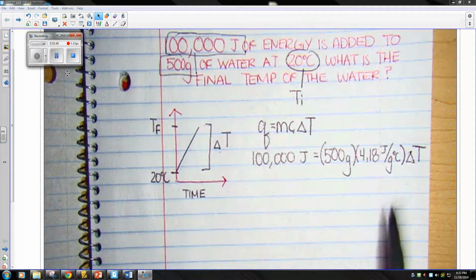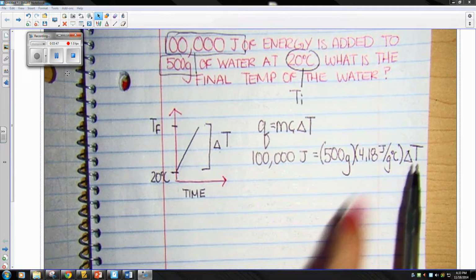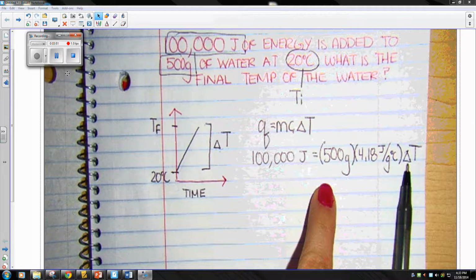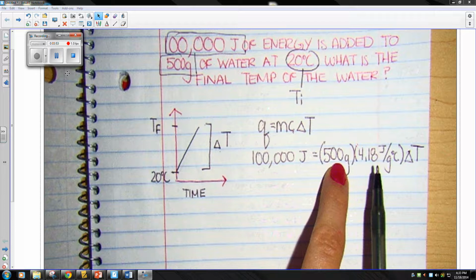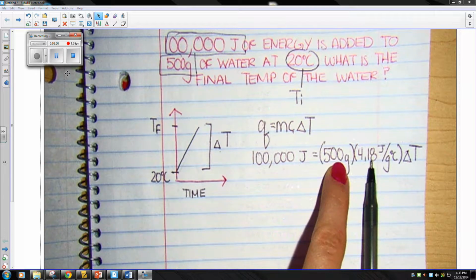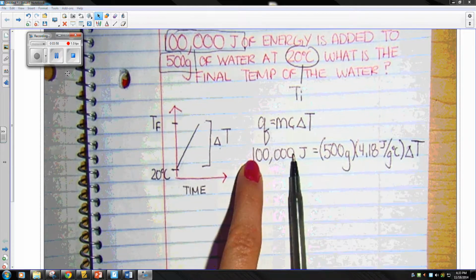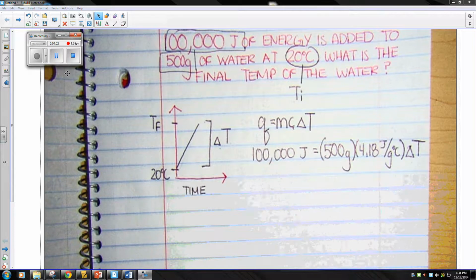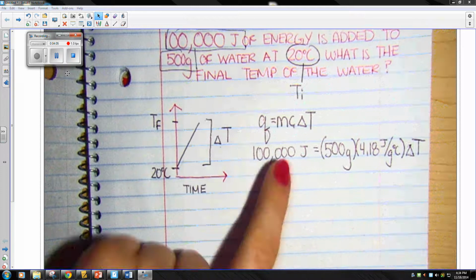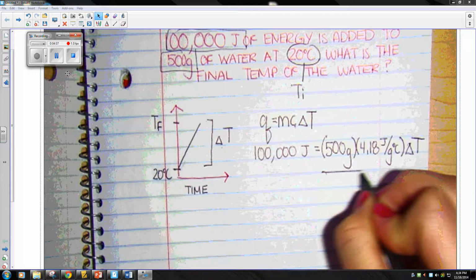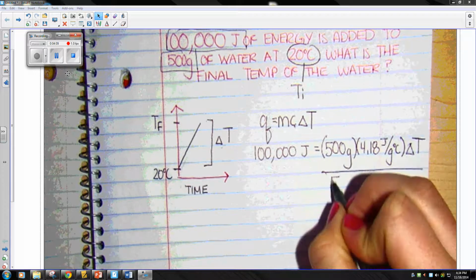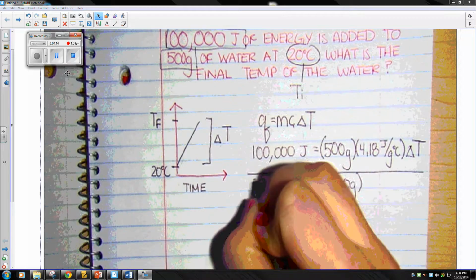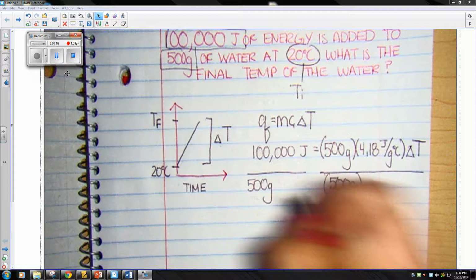So in order to find delta T, we want to get delta T all by itself on the right side of the equation. That means we have to move 500 and 4.18 over to the left side. Now this is when your algebra skills kick in. What you do to one side of the equation, you have to do to the other side. So if we want to move 500 grams over, we have to divide both sides of our equation by 500 grams.